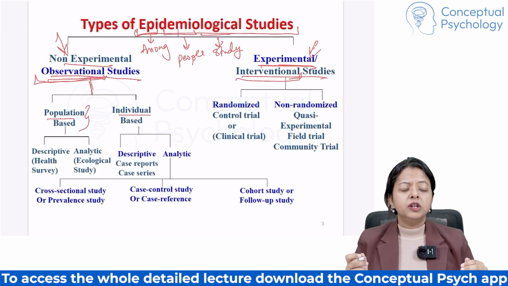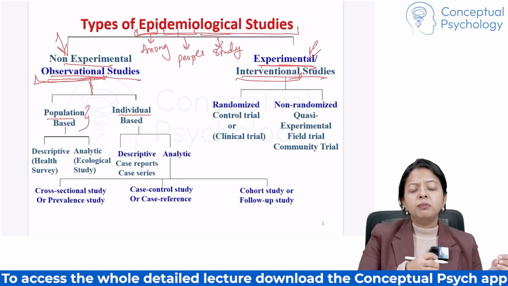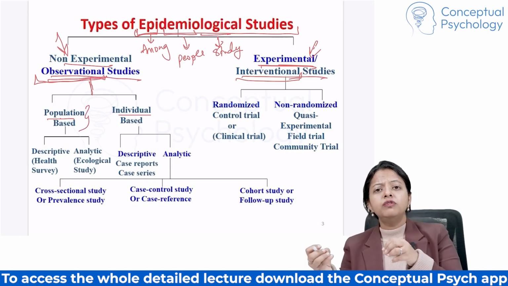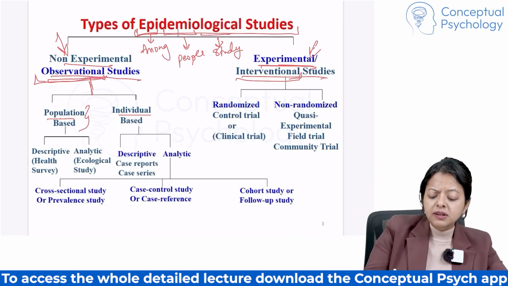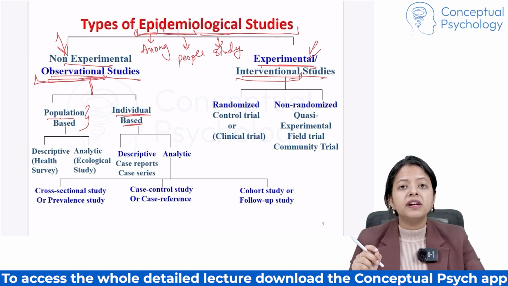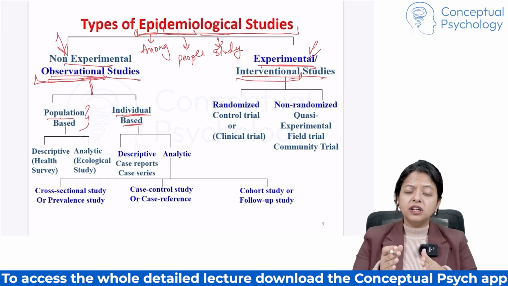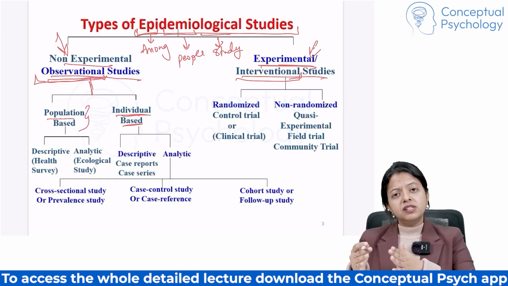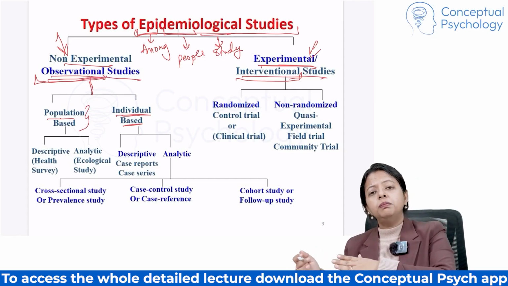Like you are determining the crude death rate of Jaipur versus the death rate of Delhi. So these are population parameters. And the other is individual based studies. You are determining individual parameters, like the anxiety score of individuals in group A versus the anxiety scores of individuals in group B.